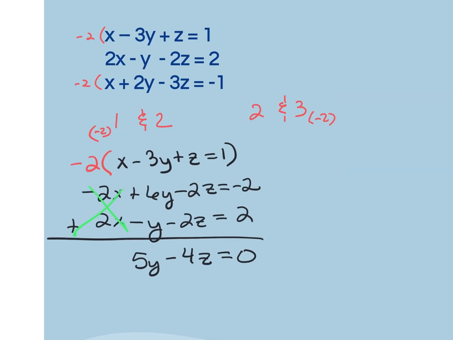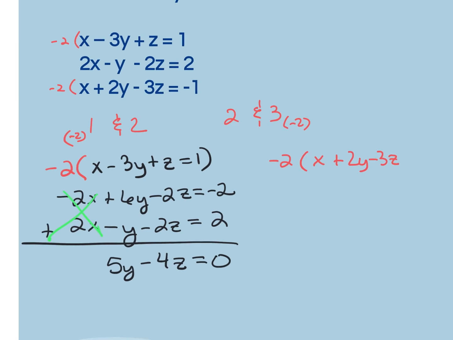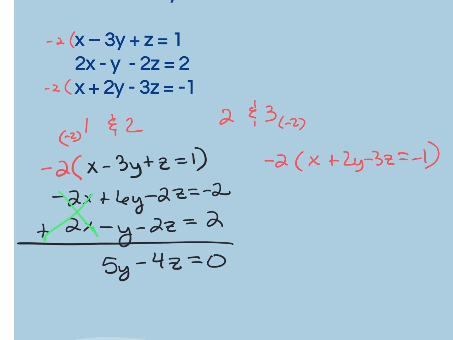I'm now going to write down equation number 2. Actually, let me do number 3 first. I'm going to do negative 2 times equation number 3 equals negative 1. So I'll distribute. And then I'll write equation number 2 right underneath it.